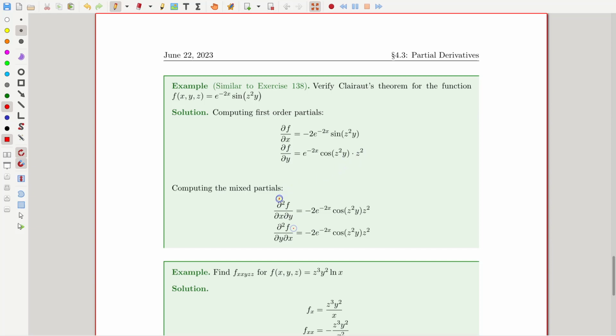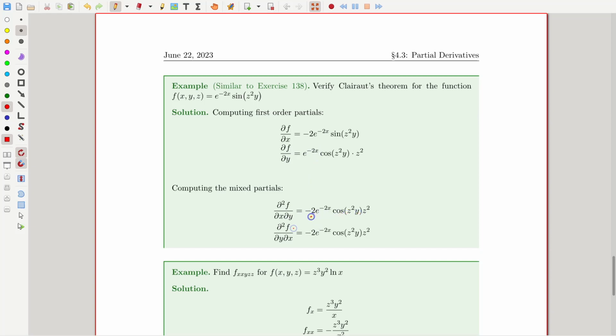And then in order to compute these mixed partials, for this one, I have to take the x derivative of this function. And I think you can see that this part is all constant with respect to x. The x derivative is only going to pull a -2 from the exponential.